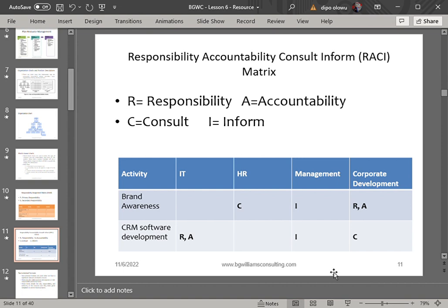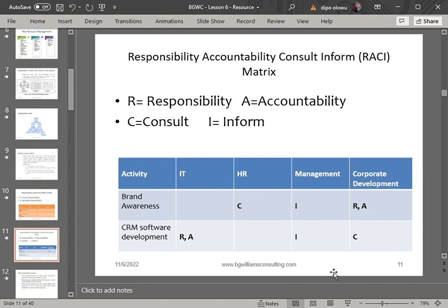The HR has to do the consultation, and then the corporate development has to be the area of responsibility and accountability.